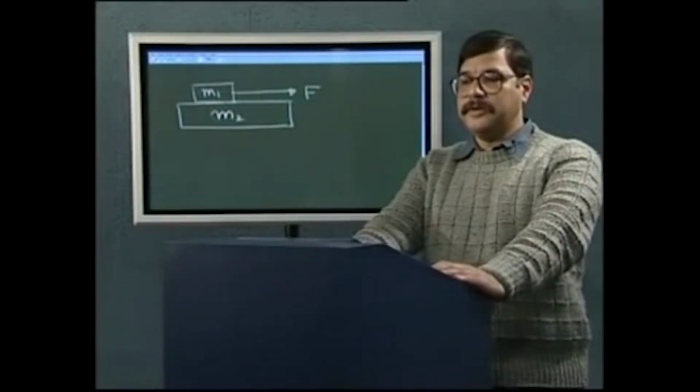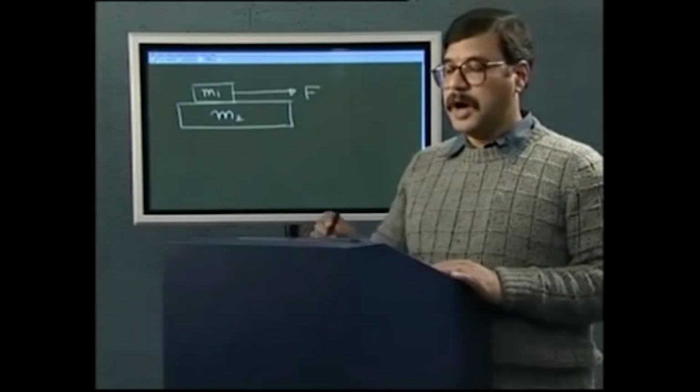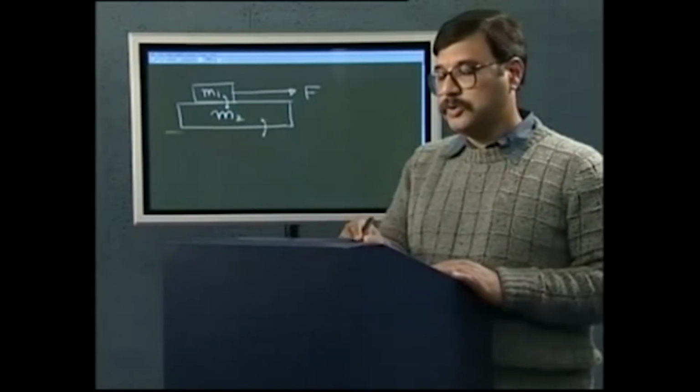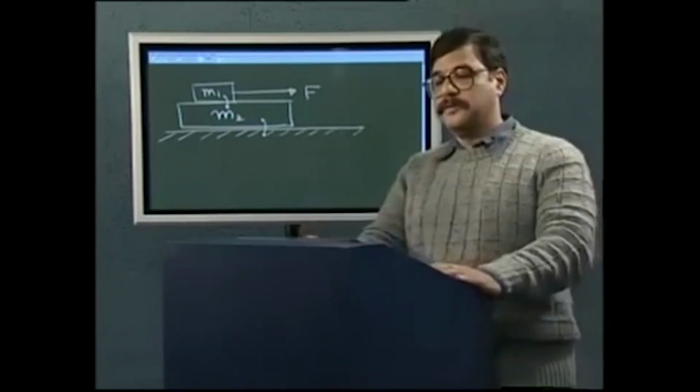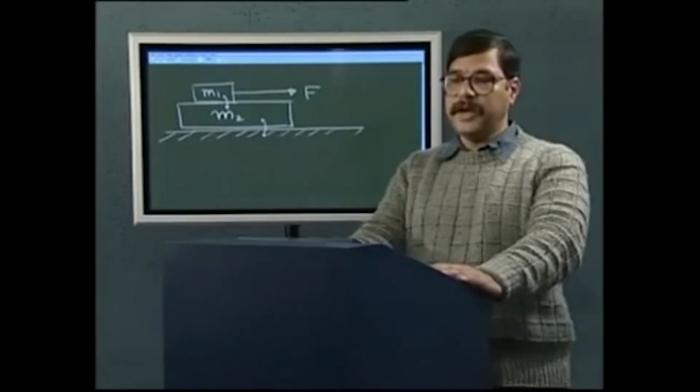Let us take a mass M1 and another mass M2, and let me pull this mass with some force F. If you recall your everyday experience, you would see that the top mass or the bottom mass doesn't move until the force has reached a certain value, and that is because their tendency to move is being opposed by the frictional force either between these two masses or between this mass and the surface on which it is resting. So the first question is, is the frictional force of constant amount, or does it vary as I vary this force?